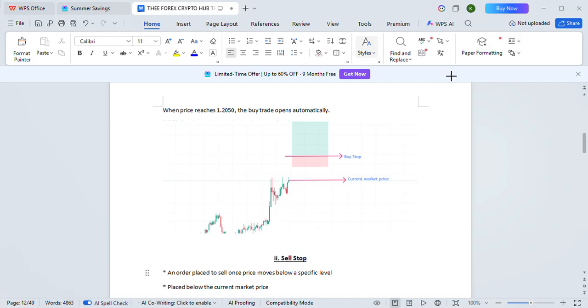Now let me go back to gold and explain the sell stop. Currently the market is here, at 43.18.